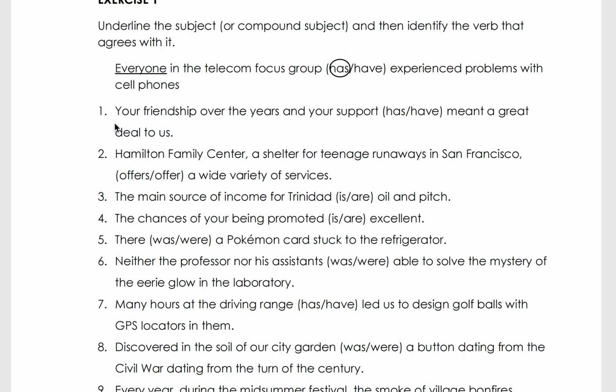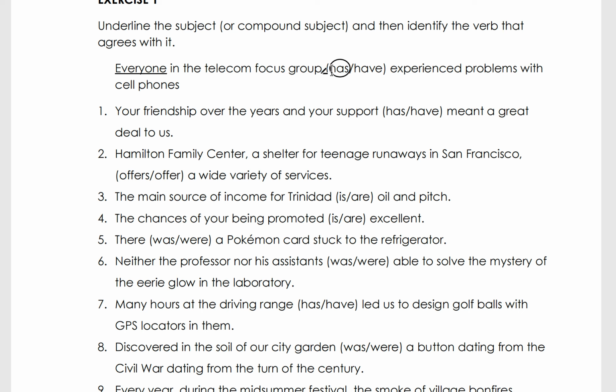Okay, number 1. Your friendship over the years and your support has or have. So here, look at the subject. Identify the subject first. So the subject here is your friendship. So friendship doesn't have s. It means singular. Okay, so because it's singular, what do we need to do?